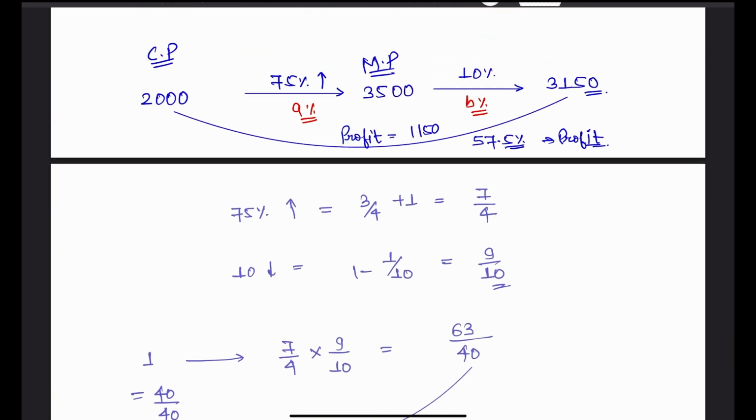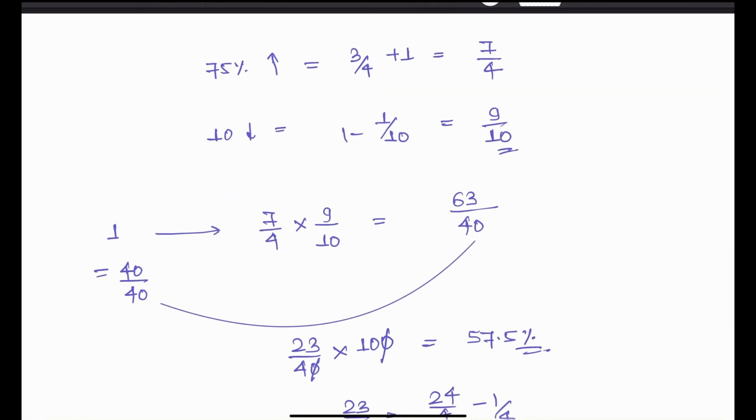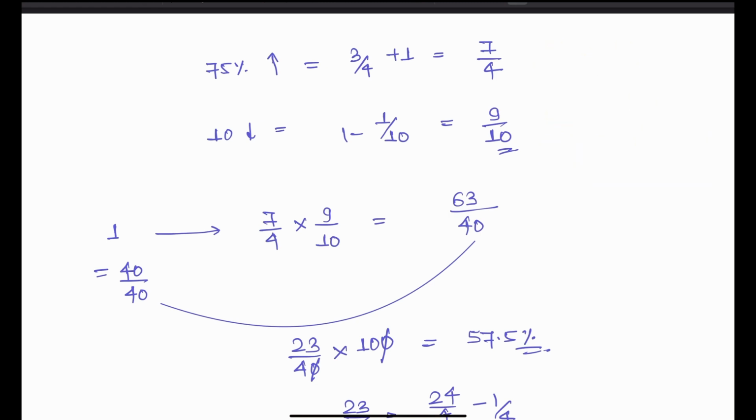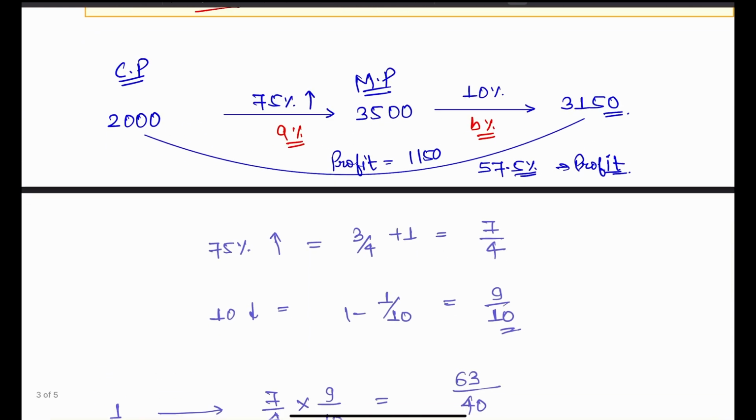If we take fractional terms, then as I am doing 3/4 plus 1, what does this actually mean? This 3/4 is 75% and this 1 is 100%. For the convenience of solving, I can take the normal way or the fractional way.